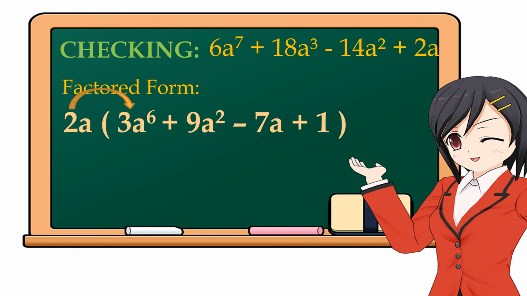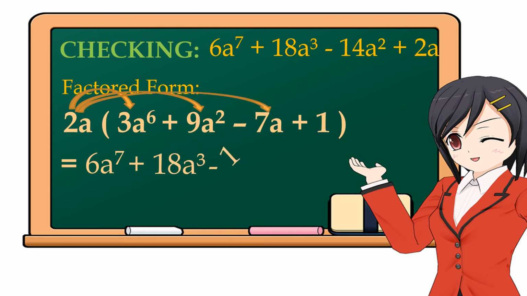So let's multiply. 2a times 3a raised to the 6 is equal to 6a raised to the 7. 2a multiplied by 9a squared is equal to 18a cubed. 2a multiplied by negative 7a is equal to negative 14a squared. And 2a times 1 is equal to 2a. So our answer is correct.